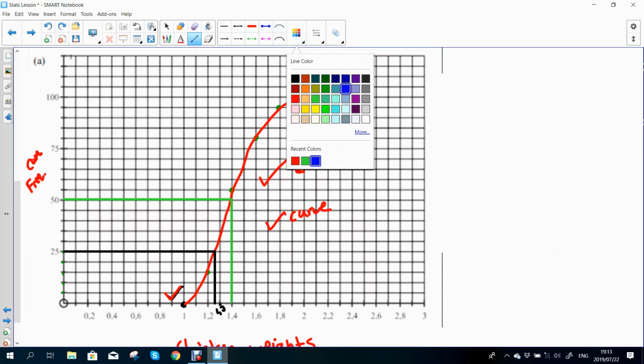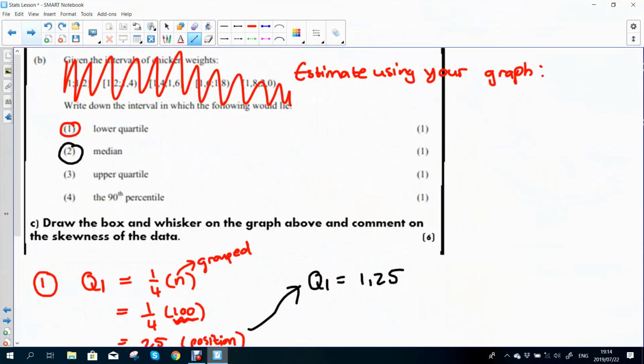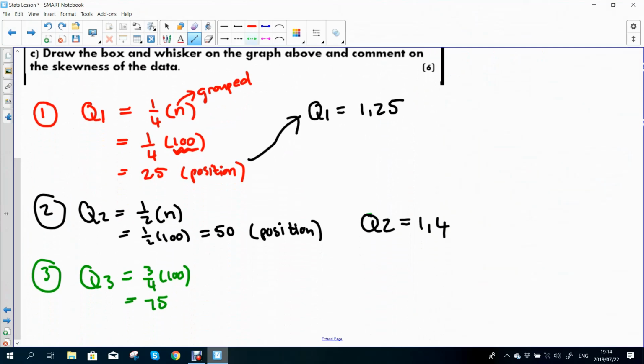Let's use blue. 75, there it is, until you touch the graph. Then you come down and read that point off. That looks like 1.56. Let's say that quartile 3 is 1.56.